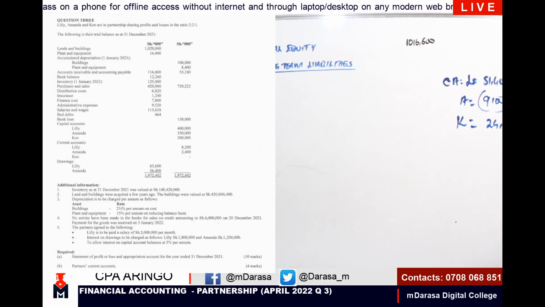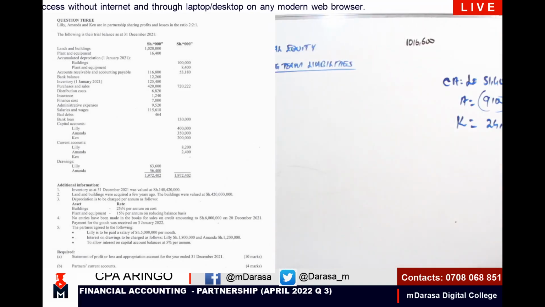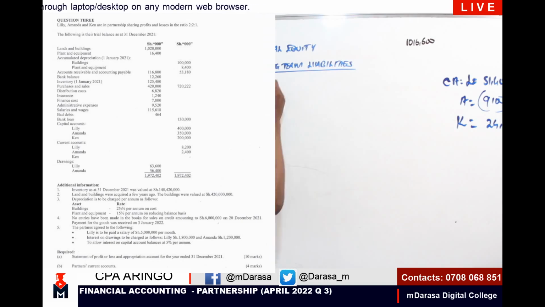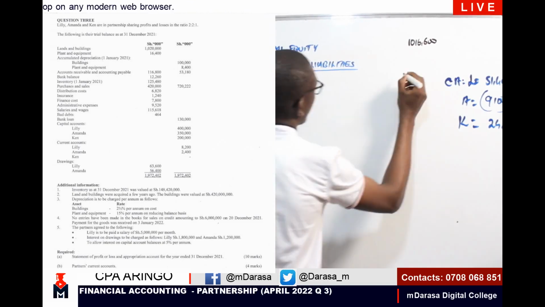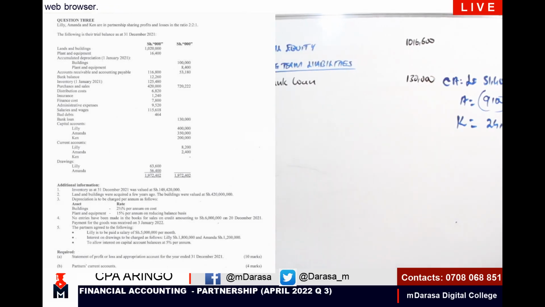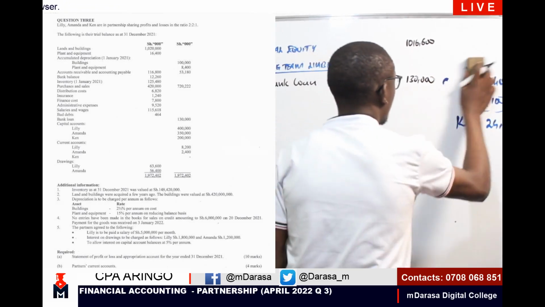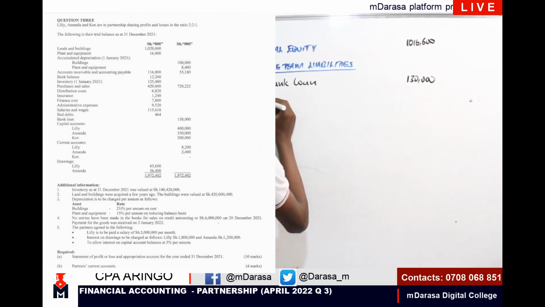I'm having a bank loan. A figure of how much for the bank loan? 130,000. Bank loan, 130,000. Long-term liabilities, you're done.